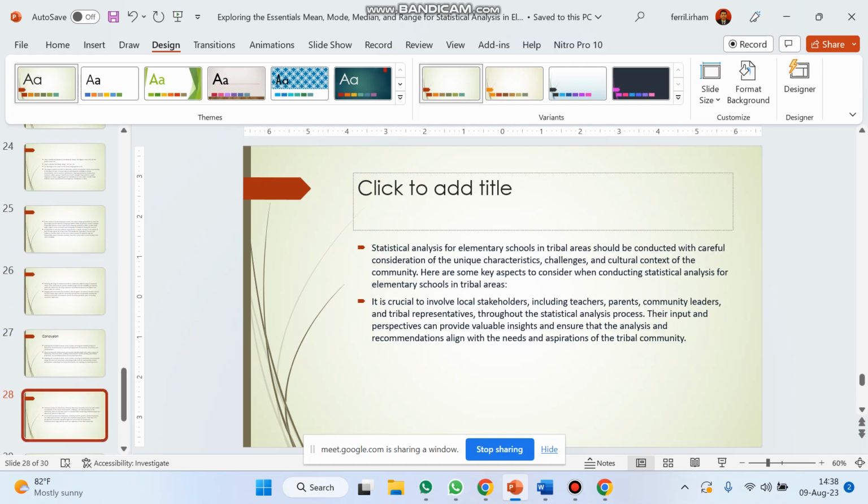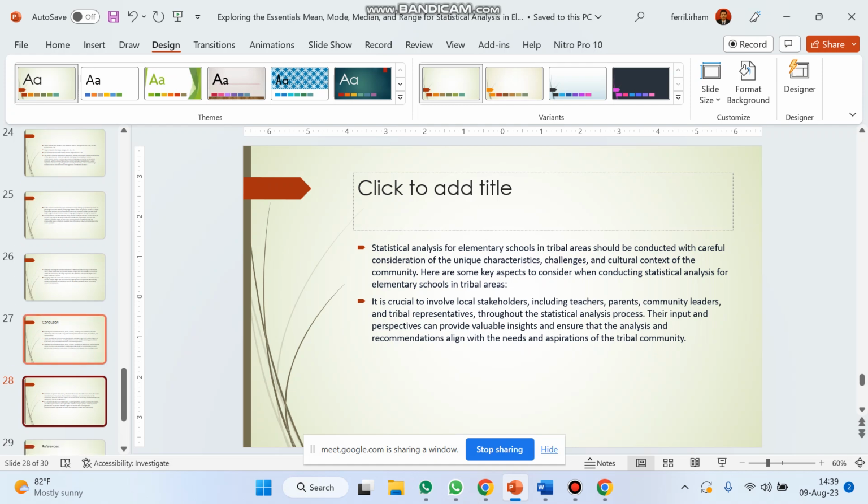On the other side, we have to conduct statistical analysis for schools in tribal areas with careful consideration of the unique characteristics, challenges, and cultural context of the community. It is crucial to involve local stakeholders, including teachers, parents, community leaders, and their representatives throughout the statistical process.